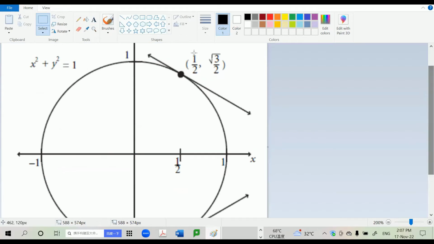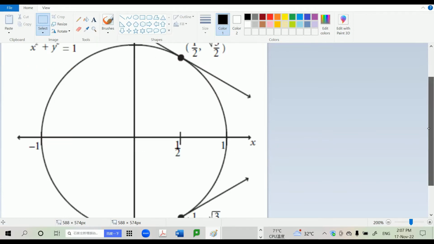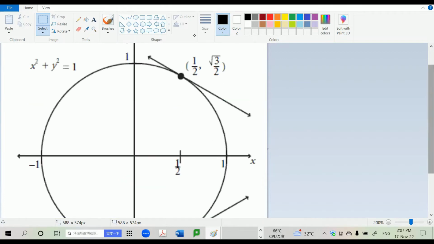As you can see in this graph, if I stick in x equal 1/2, I know that there are two points with x equal 1/2 on the circle, because the circle does not pass the vertical line test. So you would have two y values for the same x point, making this circle not really a function, right? Because for every one x, you should have one y value.